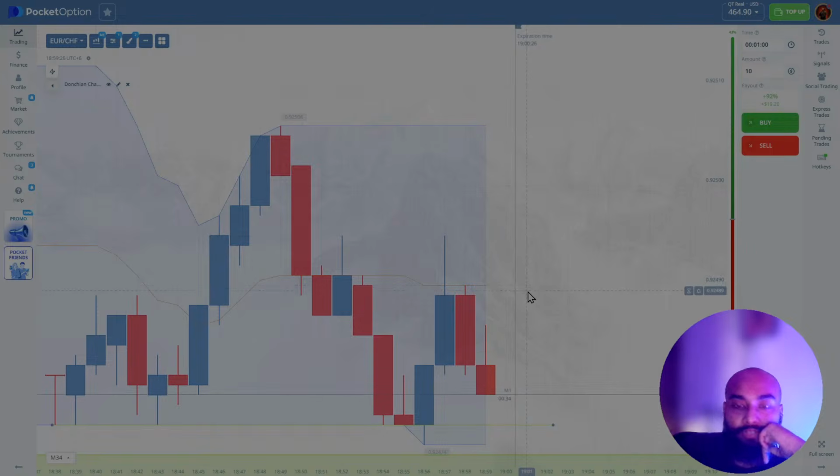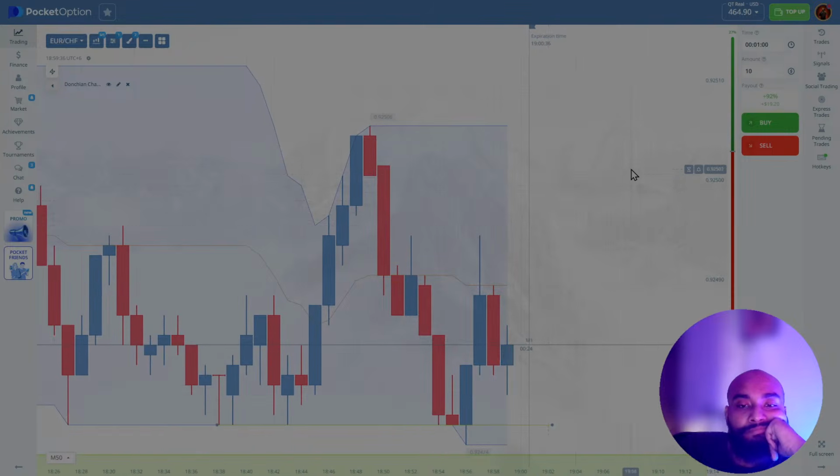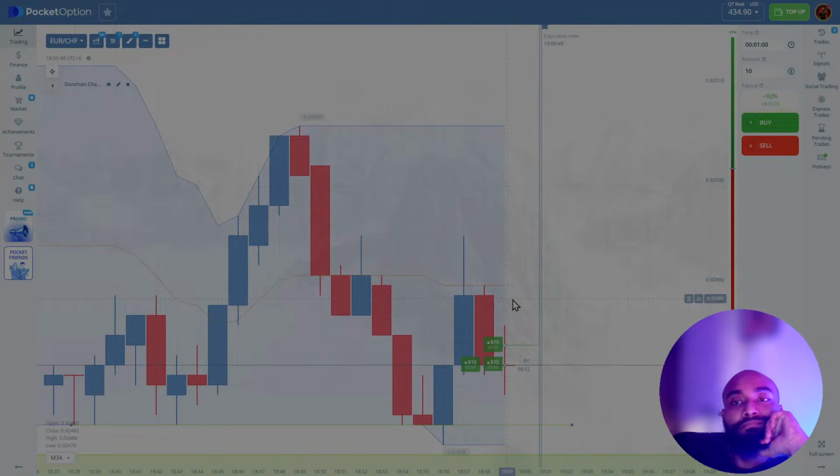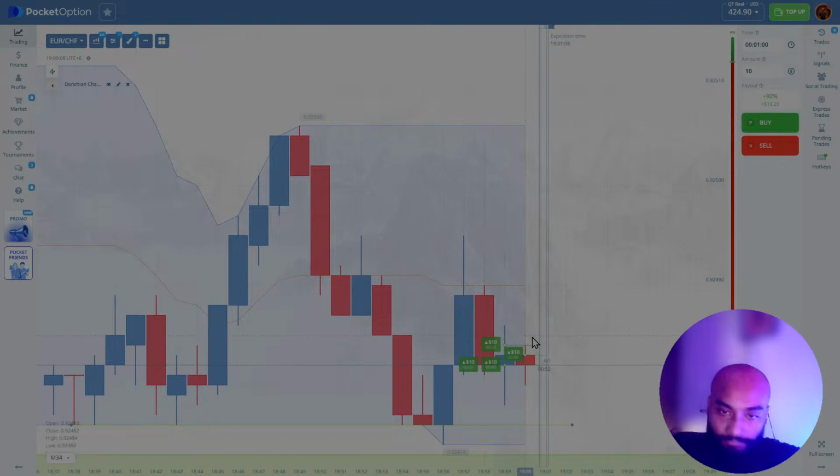Now we need to be very careful about our trades. So here the market made a low, but most of you think, okay, the market made a low, that means it will go down.